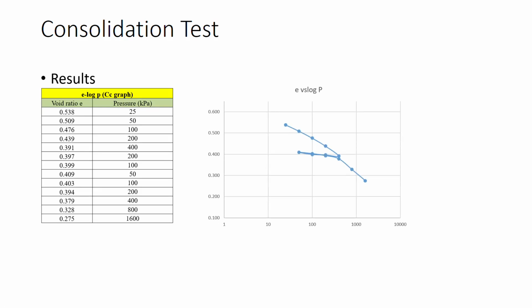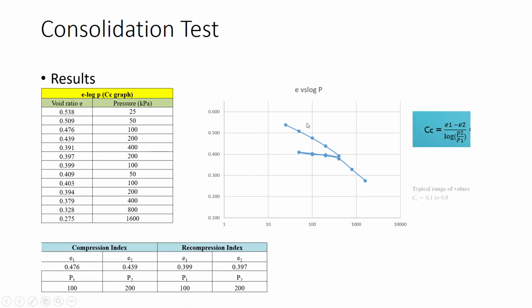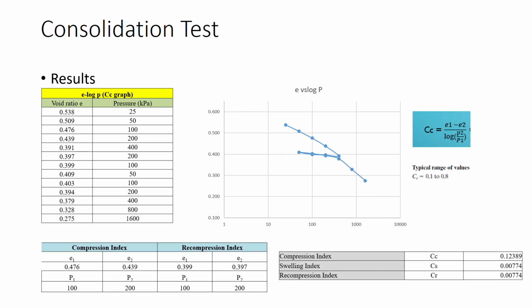This is basically the curve achieved from this test. This is basically the compression index portion, which is obtained from the loading of the specimen. So here we are taking e1, e2 against p1, p2, which are these 2 points.